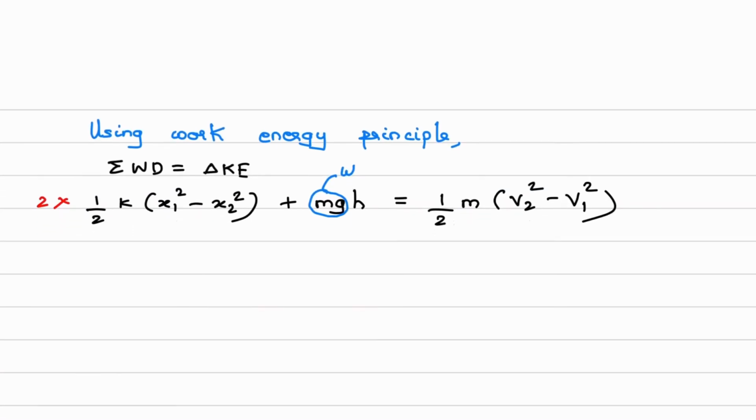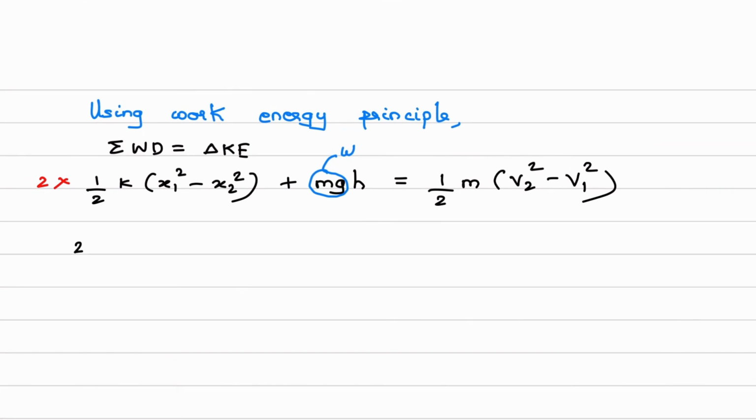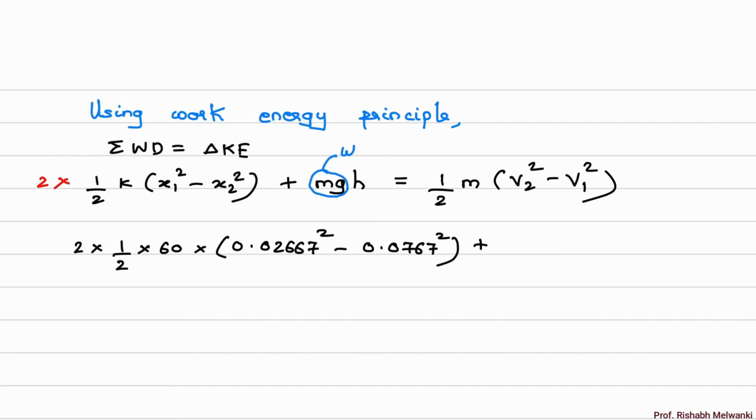Okay, so substitute the values here. 2 into half K value, which is 60 Newton per meter, into x1 square minus x2 square. So x1 is 0.02667 square minus x2 square 0.0767 square, plus mg is W. What is the weight given in the question? 50 into height, which is 0.15 meter.